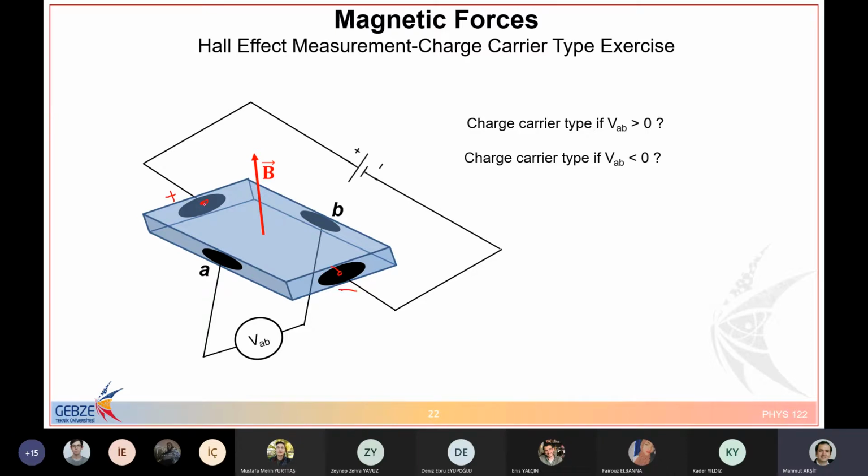So we are basically pushing current in this direction. We have a magnetic field upwards in this direction, perpendicular to the plate. So now the question is, if voltage drop is larger than 0, what is the charge carrier type?